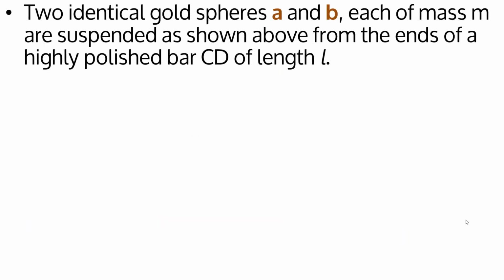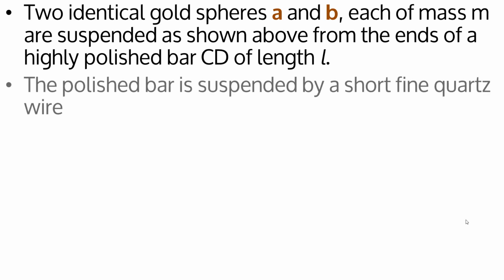So we are saying two identical gold spheres A and B, each of mass m, are suspended as shown above from the ends of a highly polished bar CD of length L. So we have the polished bar of length L, and it's highly polished. The polished bar is suspended by a short fine quartz wire.